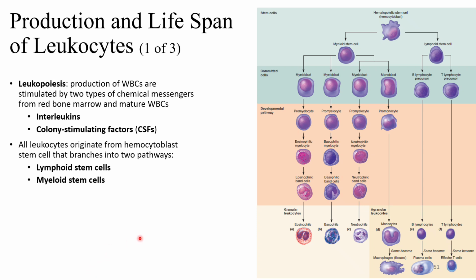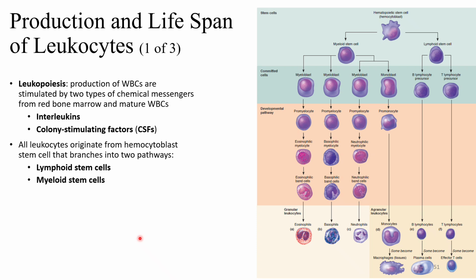So, we are going to briefly zoom right into leukopoiesis. Leukopoiesis is the production of white blood cells and is stimulated by two types of chemical messengers. We are not talking here anymore of the erythropoietin. Your hemocytoblast is still the great great grandmother.